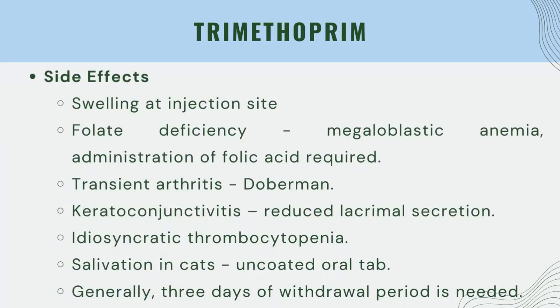The side effects are swelling at injection site, folate deficiency, transient arthritis in Doberman, keratoconjunctivitis, idiosyncratic thrombocytopenia, salivation in cats with uncoated oral tablets, and generally, a 3-day withdrawal period is needed.